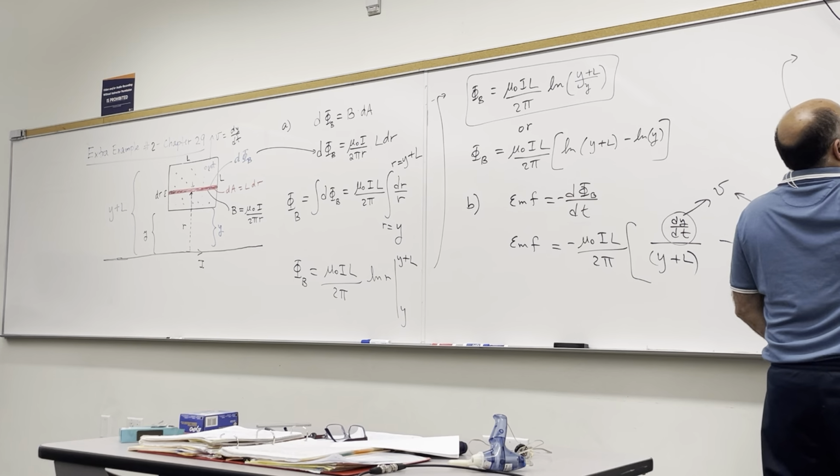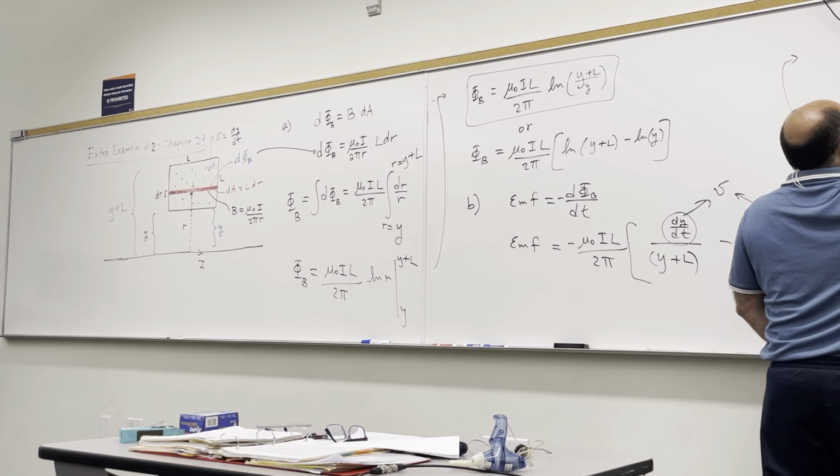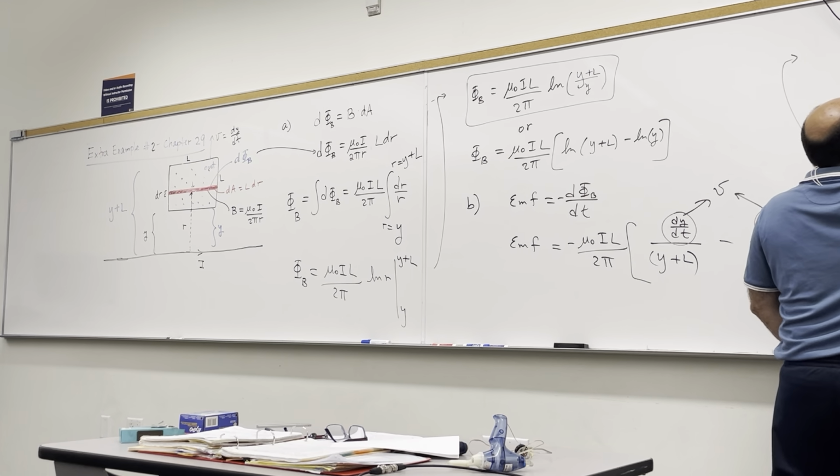Okay, let me see if I can simplify that. It's mu naught I L over 2 pi, the v is everywhere.